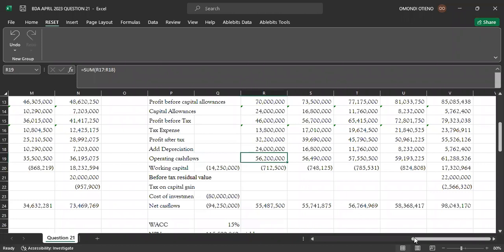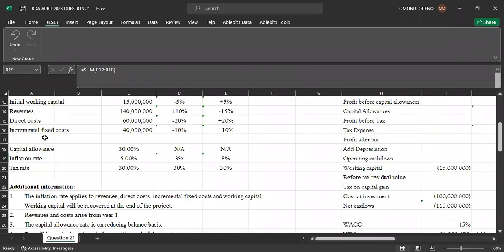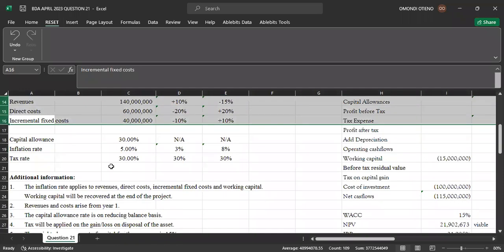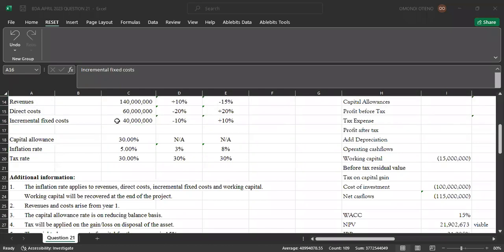Everything is perfect there. Up to this point, we've captured those items. But remember, there are some things under additional information that we need to take care of.